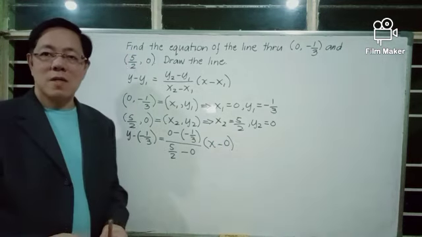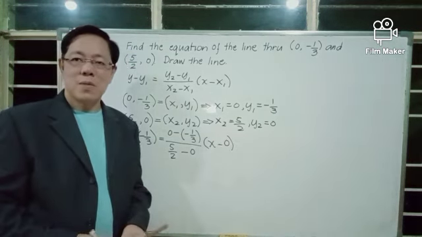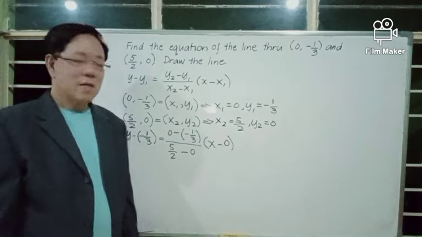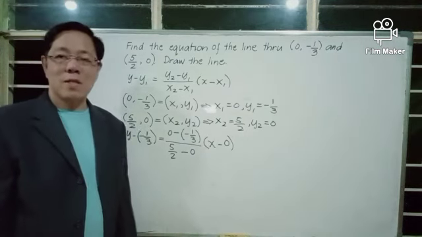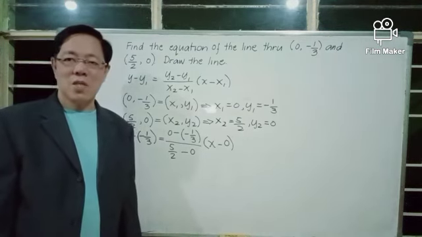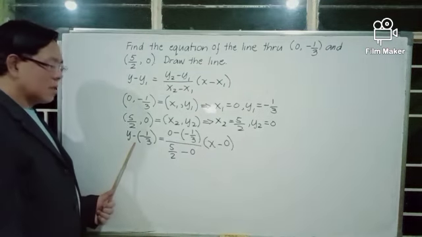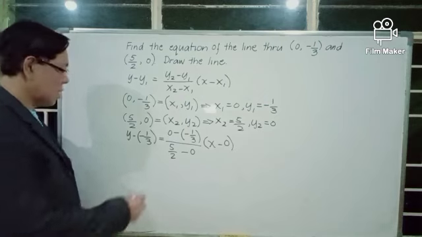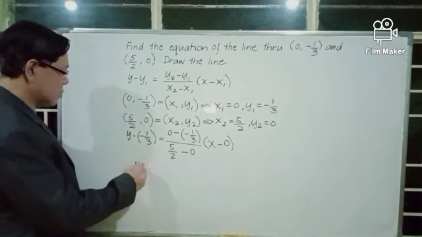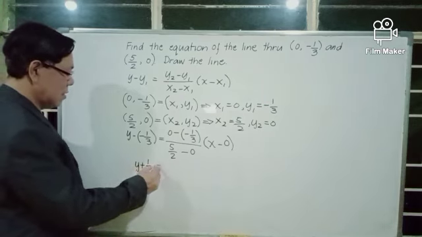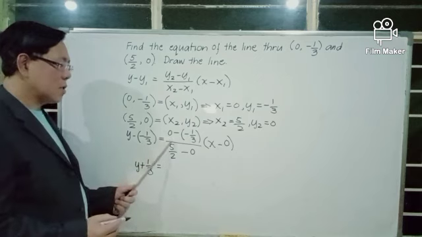The succeeding steps are to simplify this equation and to write the equation in standard form or general form. We have y, negative times negative is positive 1/3, so y plus 1/3 is equal to 0.